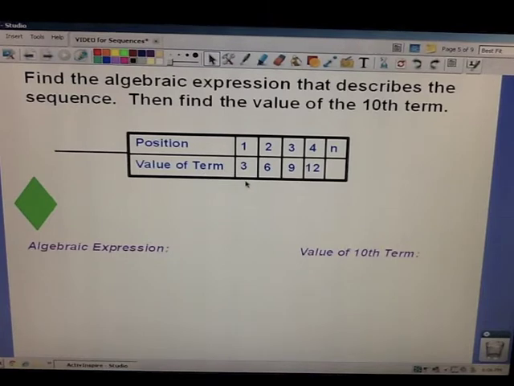So if we were to list our sequence, we would have 3, 6, 9, 12.